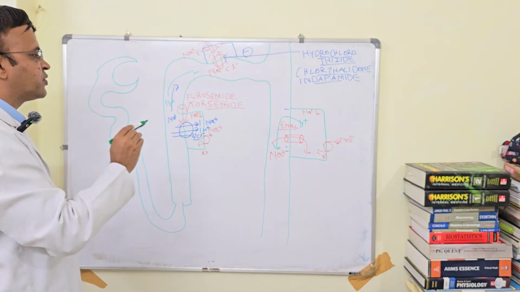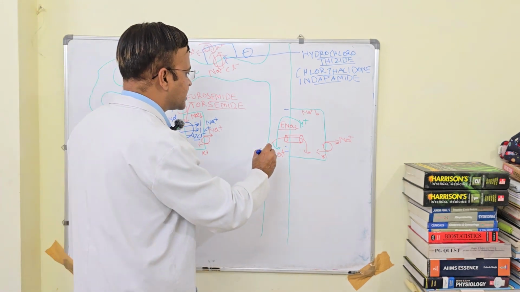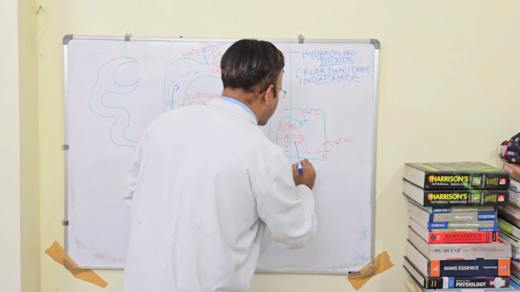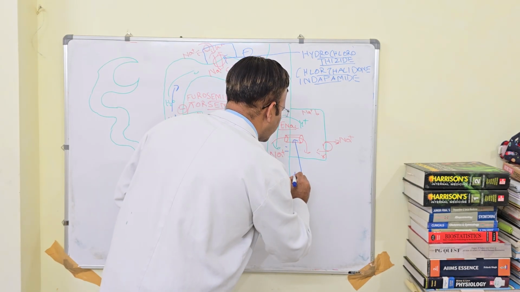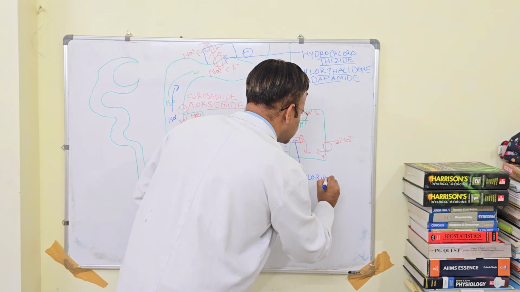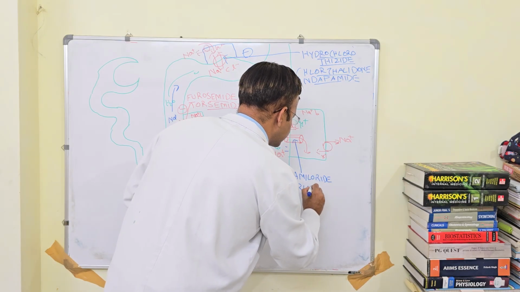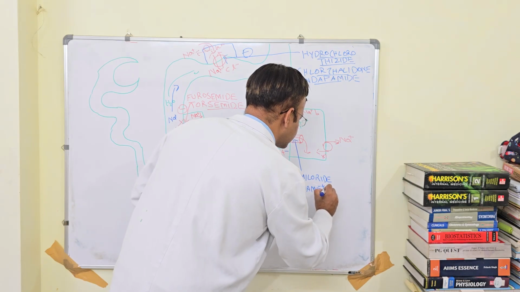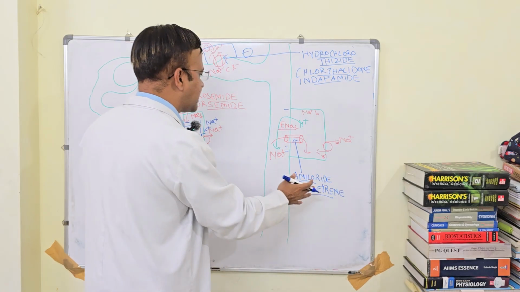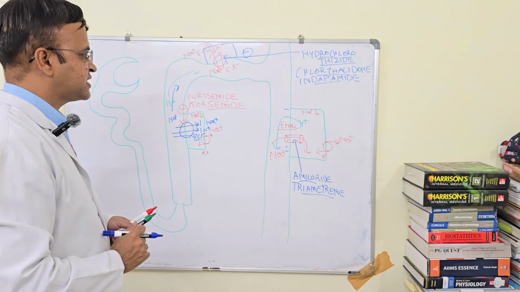So we have got some diuretics acting on this ion channel. Some diuretics act directly on the ENaC channel, and those are amiloride and triamterene. They directly inhibit your ENaC channels.